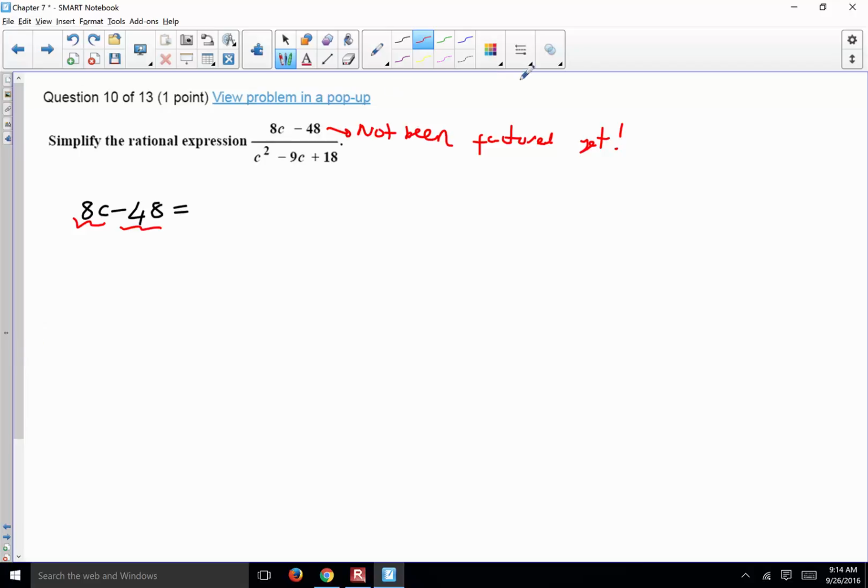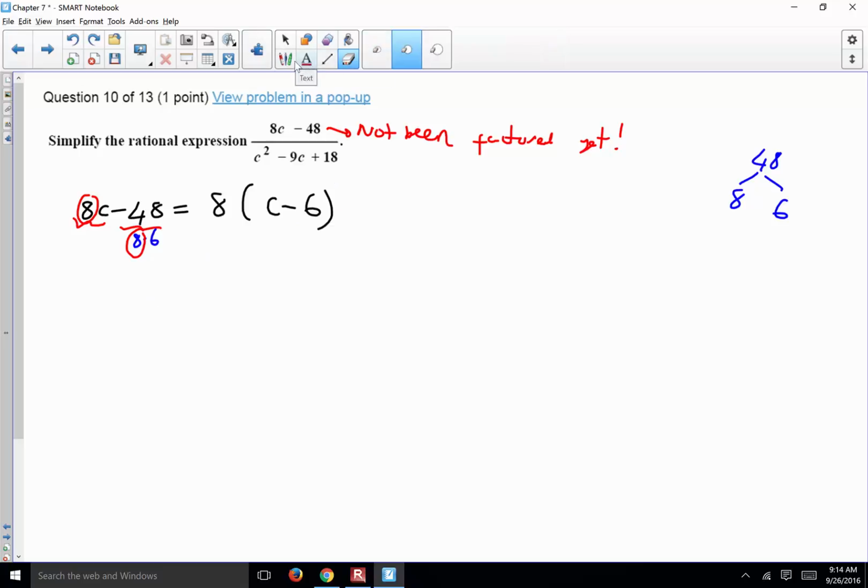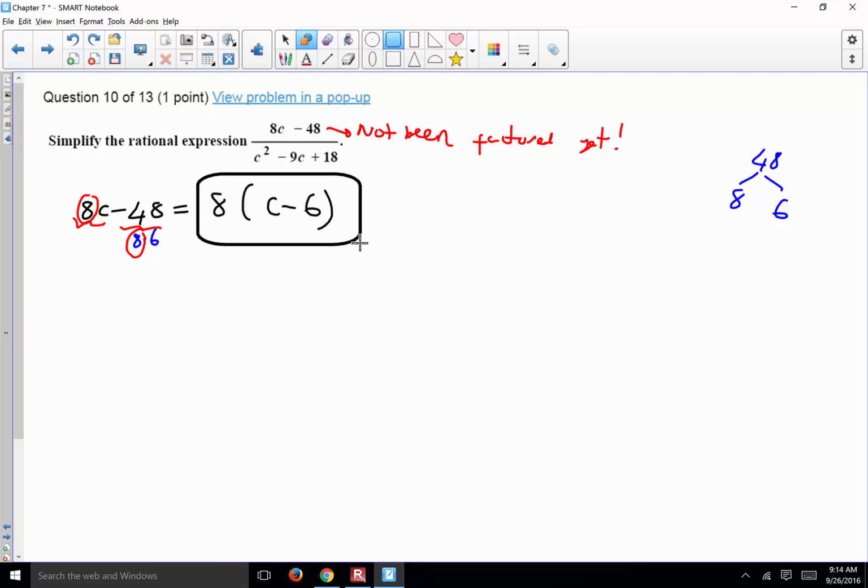What is common? 8. 48 can be broken as 8 times 6. This is 8 times 6. I can factor 8 from each term. That's the top. Put it in a frame. Keep it. We will use it next.